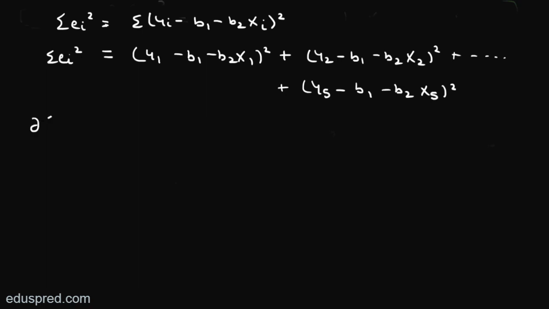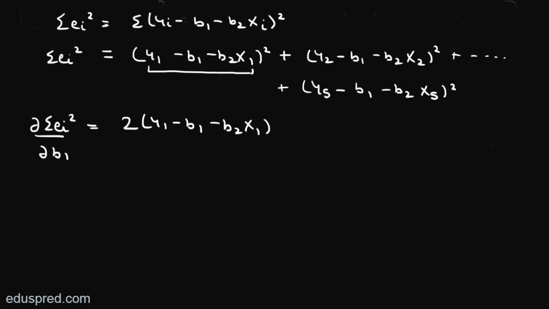Now let's partially differentiate the summation ei square with respect to B1. So this will become twice (y1 minus b1 minus b2 x1), and then using chain rule we will have to differentiate the term inside the bracket. So this will become 0 because y1 is a particular number, minus 1 minus 0.